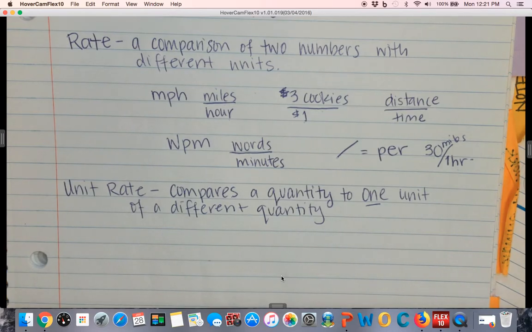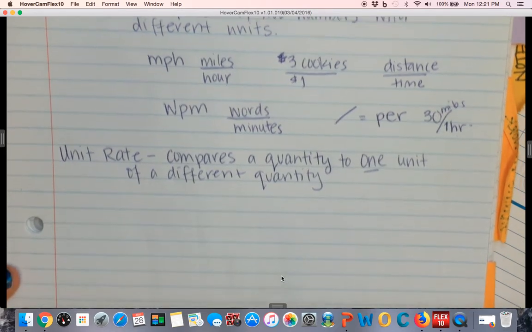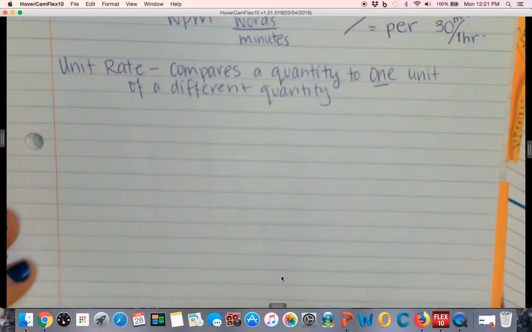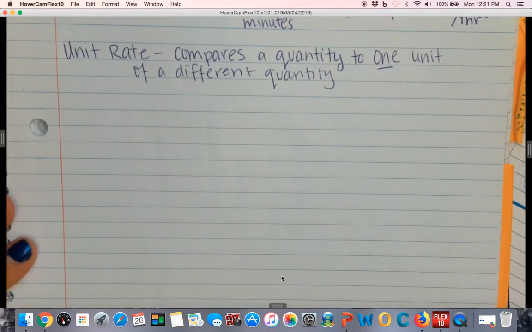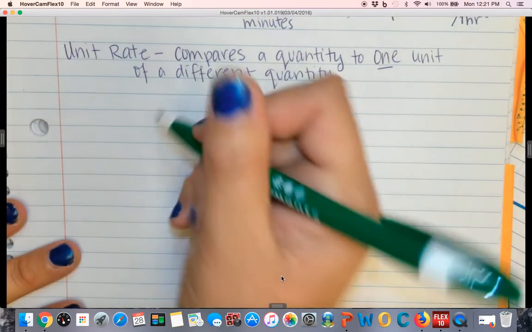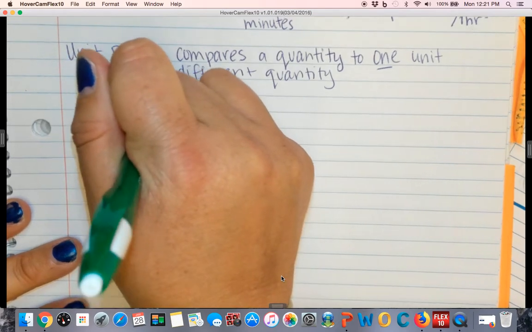All right, so let me give you an example problem to go with rates.